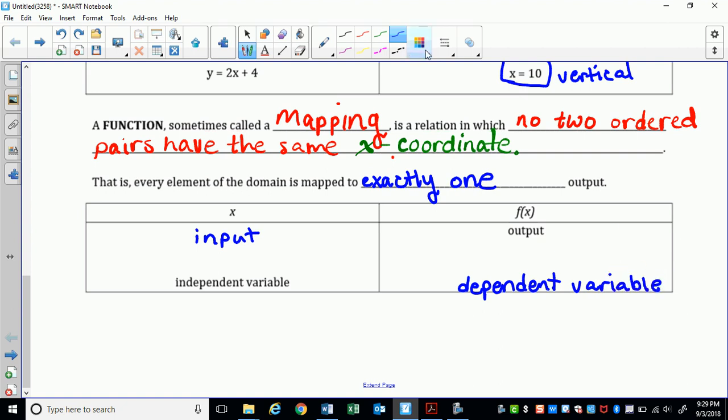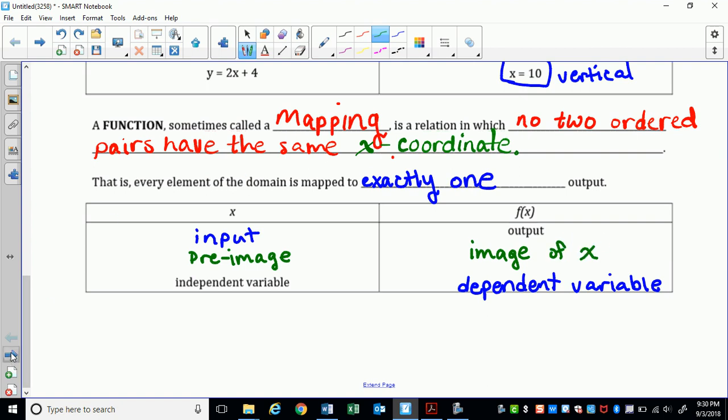A couple of other terms you might not be familiar with: x can be an argument, or it can be a pre-image. I would write argument down also. f of x will be our image of x. We learned this in geometry, pre-image and image.